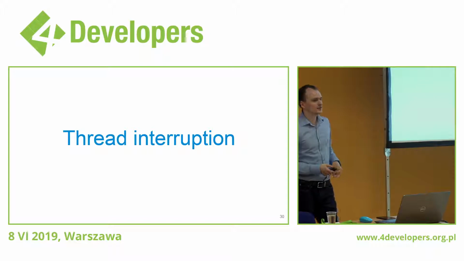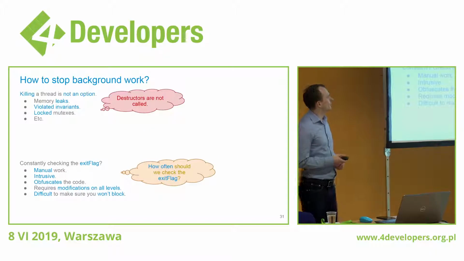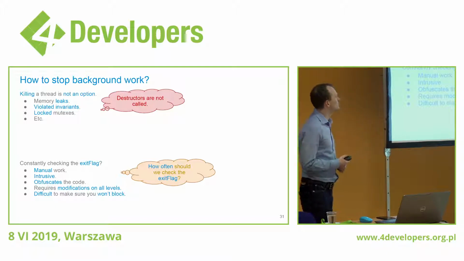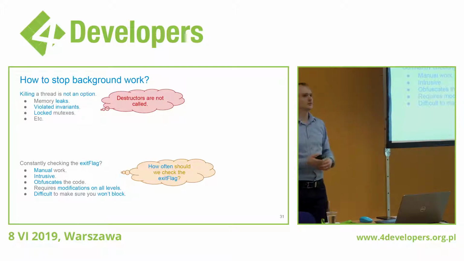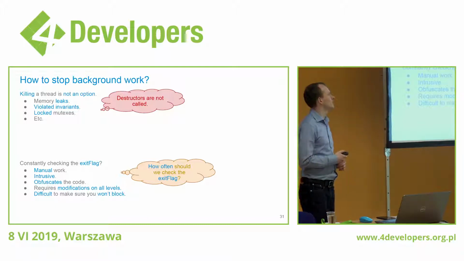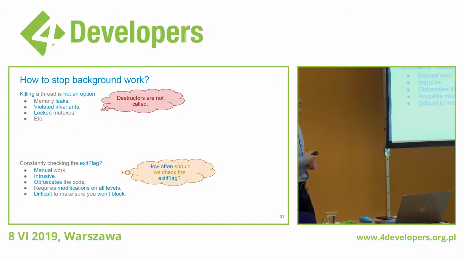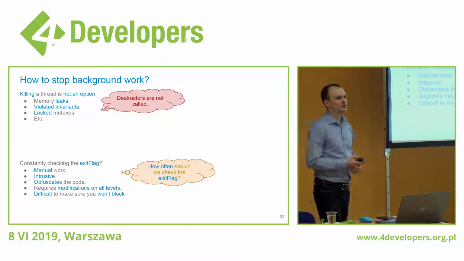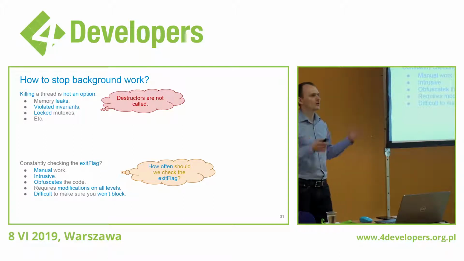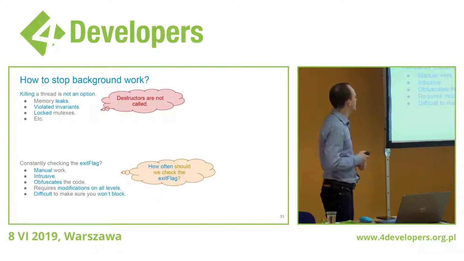Okay, now thread interruption. It's often that we have some background work and we want to cancel it because the user clicked a cancel button in the UI. We want to drop all the work. So yeah, how do we cancel a background thread? We cannot kill it because our program will be in undefined state.